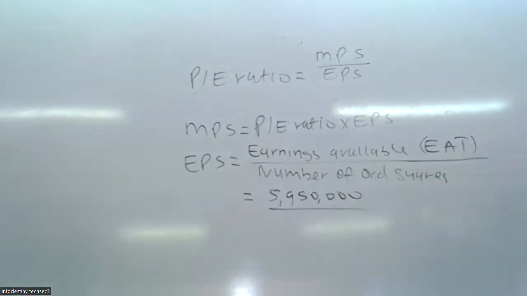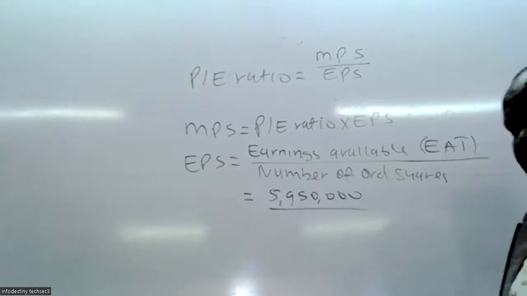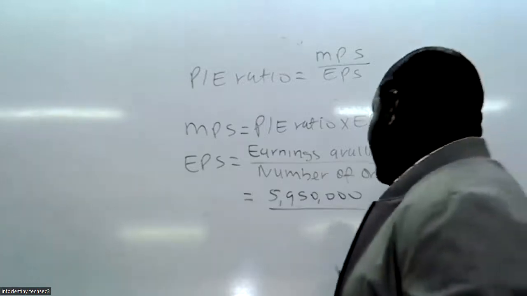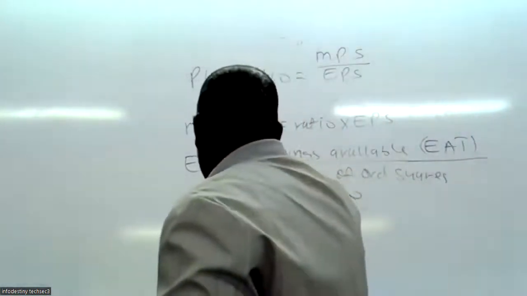For the number of ordinary shares, you go to the next page, where they say the share capital of the company comprises 10 million ordinary shares. So we divide by 10 million.